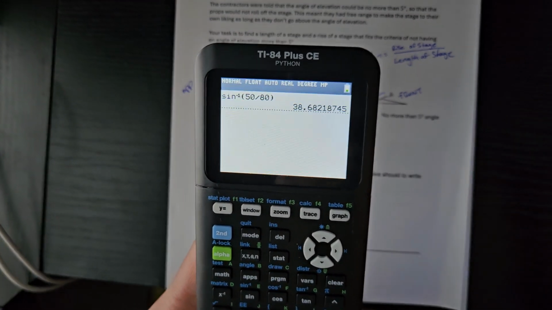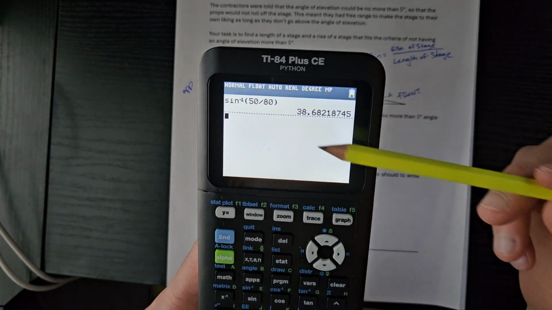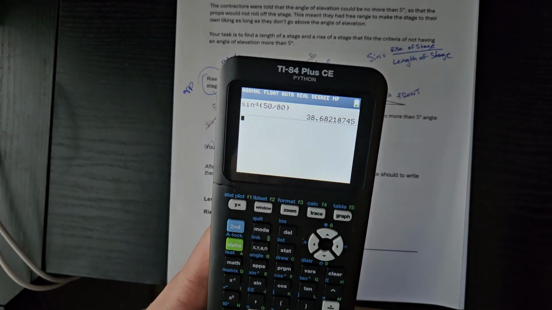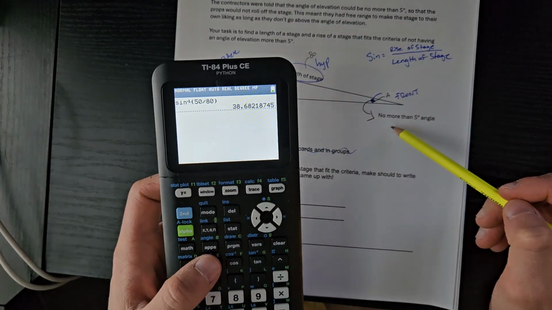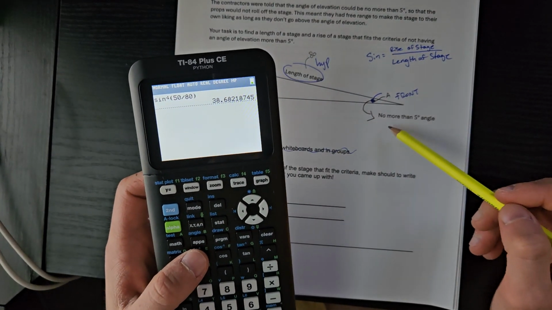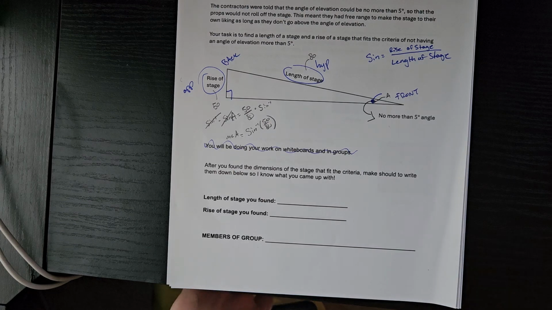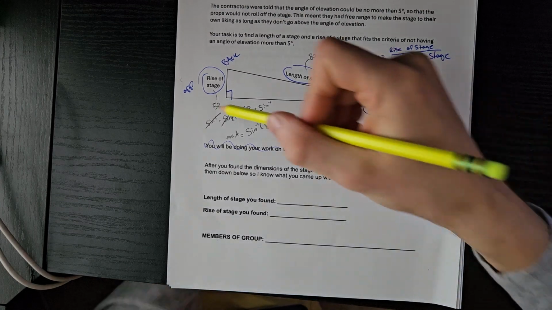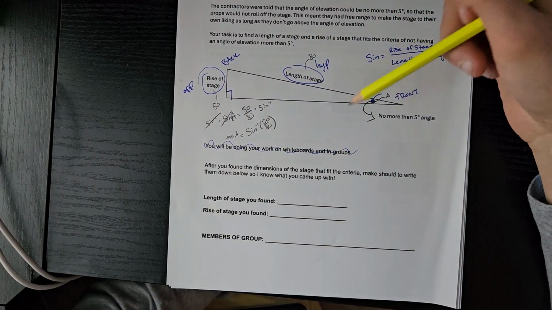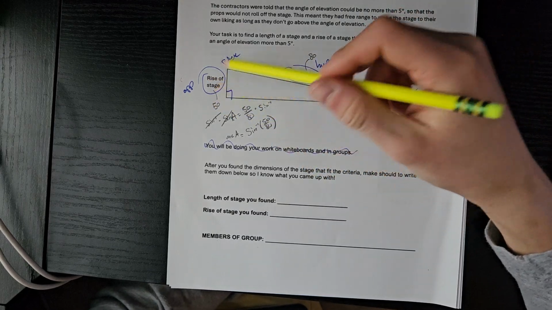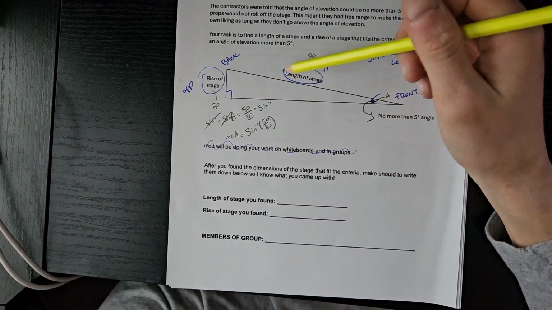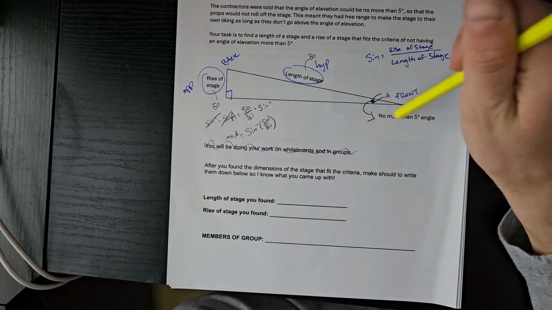I got an angle of 38.68. This is almost 8 times bigger than what I want for my angle of elevation. So that means 50 and 80 do not work. I need to find a different rise or length to work with.